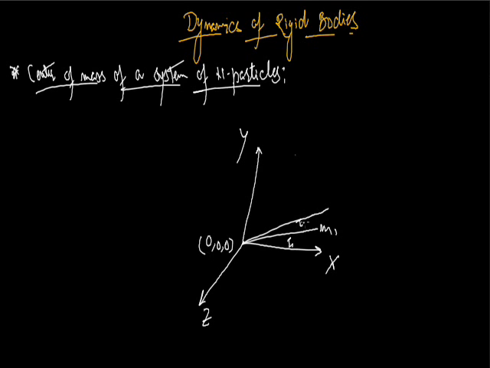At position vector R2 there is a particle M2. At position vector R3 there is a particle M3. At position vector R4 there is a particle M4. At position vector R5 there is a particle 5 having mass M5.